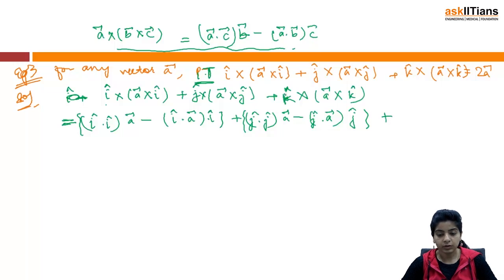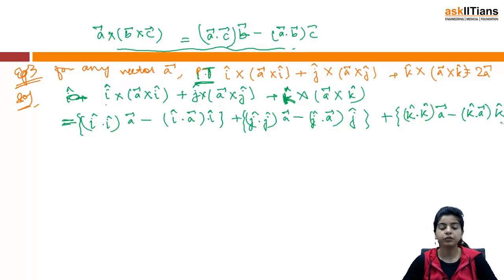Then what about this one? This will give me A dot C into B minus A dot B into C. This is what I get. So this would be equal to, now I dot I, J dot J and K dot K, all these terms would be equal to 1.